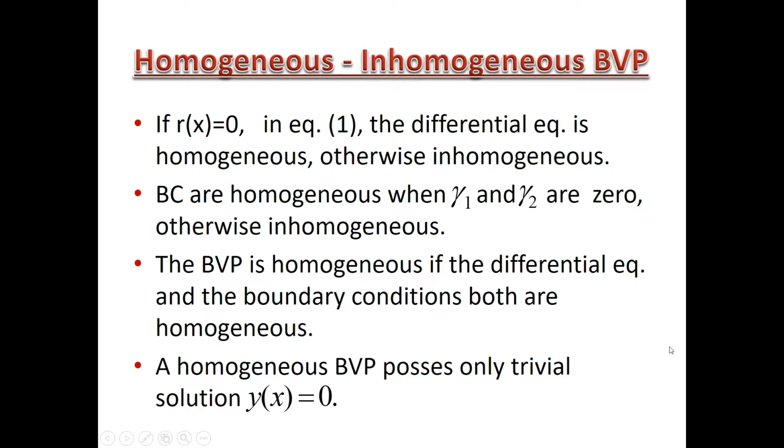A boundary value problem is said to be of homogeneous type if the differential equation as well as boundary conditions are homogeneous. Note that a homogeneous boundary value problem possesses only the trivial solution, meaning the zero solution y(x) is equal to 0.